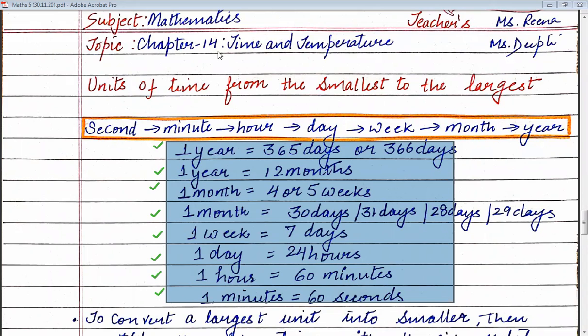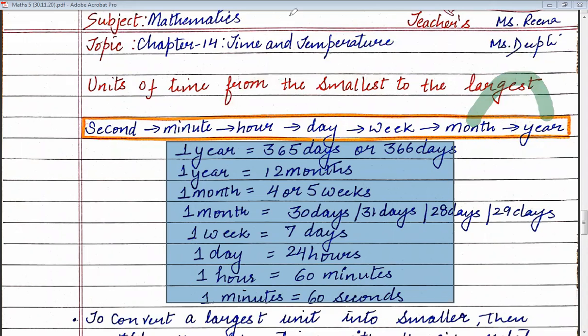Now, children, again, it's the same rule. If you are converting a bigger unit into a smaller unit, then you will multiply. I repeat, if you want to convert years into months, you will multiply.